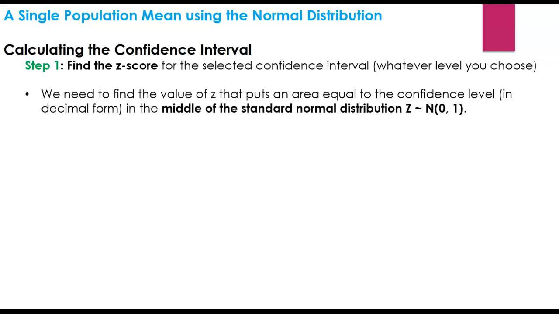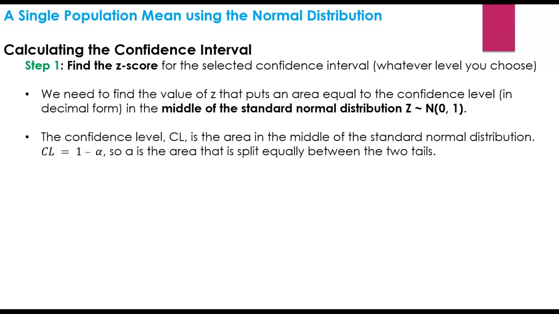We need to find the value of z that puts an area equal to the confidence level in decimal form in the middle of the standard normal distribution, where z is a random variable represented by the normal distribution with mean 0 and standard deviation 1. The confidence level, CL, is the area in the middle of the standard normal distribution.